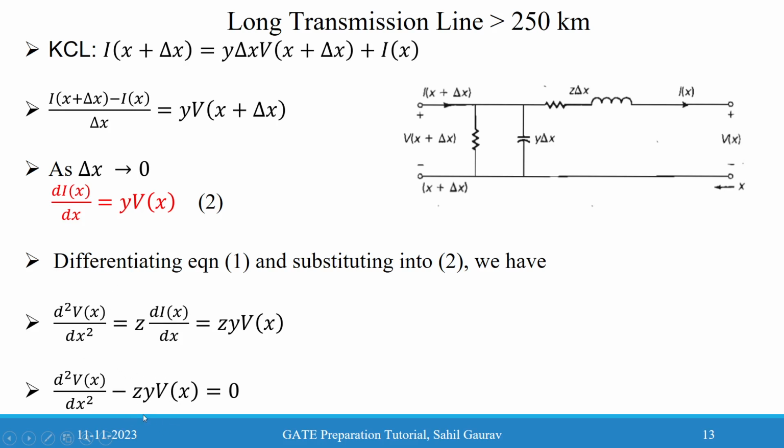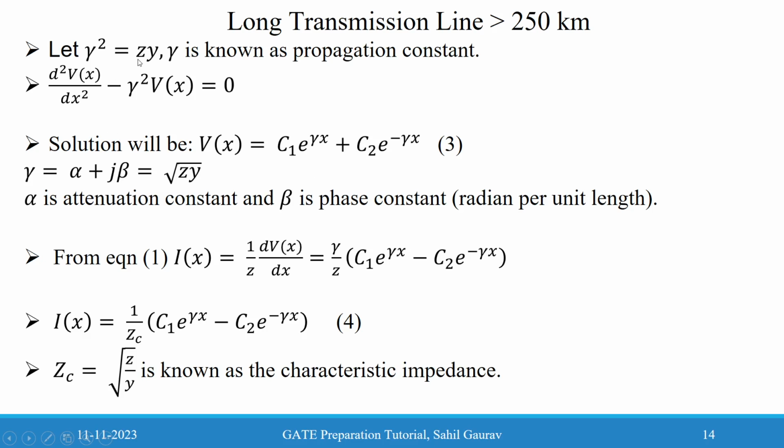Now we will take some assumption. We can take zy as gamma square, where gamma is the propagation constant. This is important: gamma square is equal to zy, a small zy, and we know that the solution for this differential equation will be Vx is equal to C1 e to the power gamma x plus C2 e to the power minus gamma x.